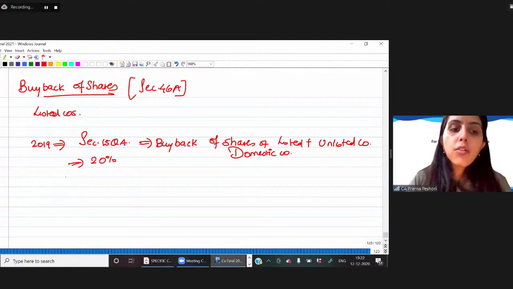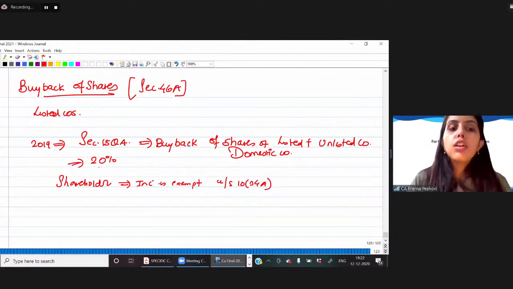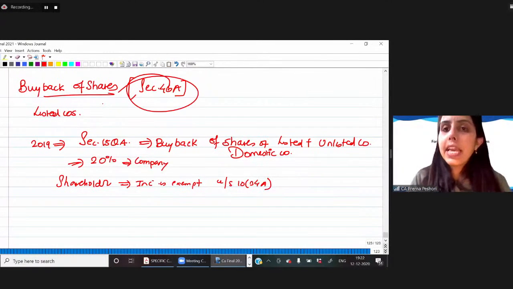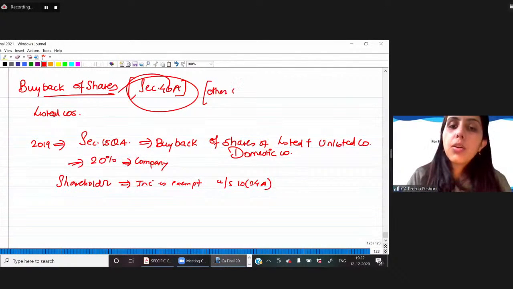Consequently, in the hands of the shareholder, the income is exempt under section 10(34A). So this is in the hands of the company. Then what is the importance of 46A in that case? 46A will only apply in case of buyback by other than a domestic company, meaning a foreign company.